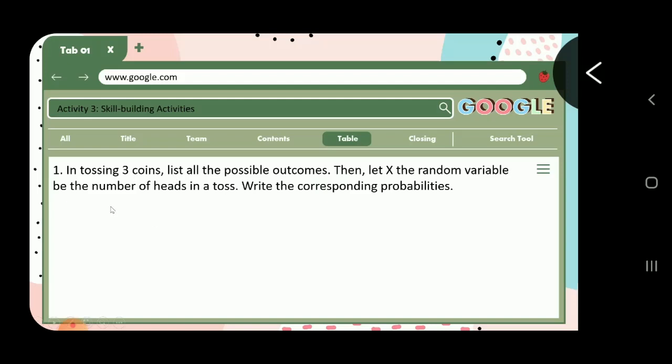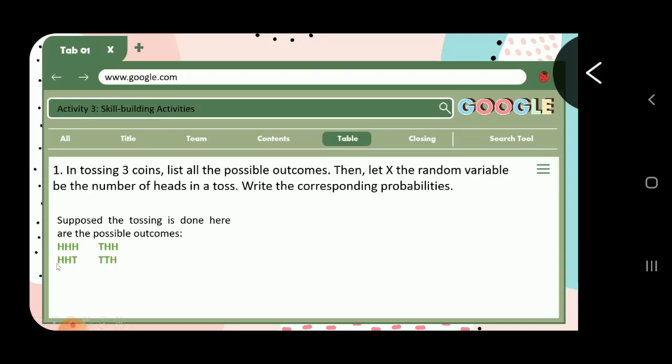possible outcomes. So, posible mogawas no kung itoss nato dungan, dapat dungan ang tulo ka coins. Okay. So, pag dungan itoss nato ang coins, possible ang mogawas kay tulo ka heads, di ba? Tulo ka heads. Posible pod isa ka tail, dayon duha ka head.